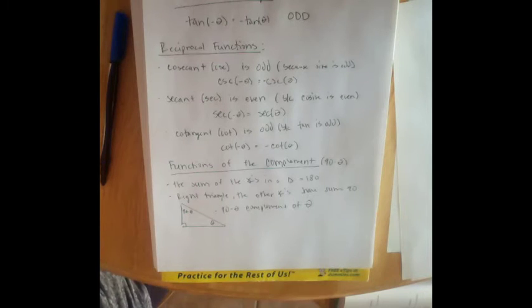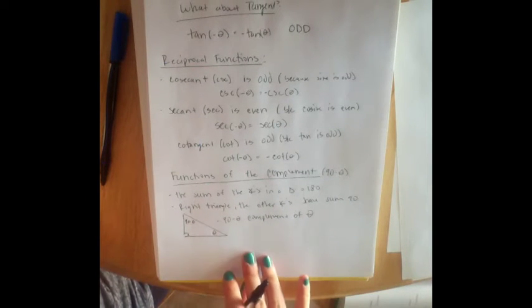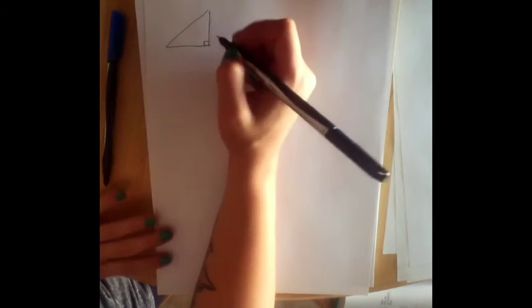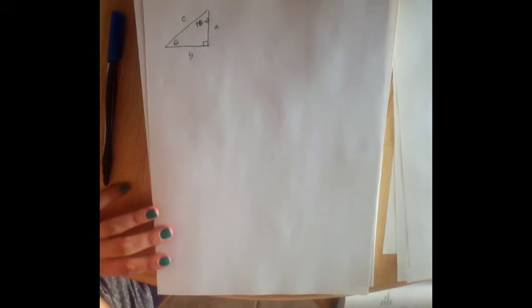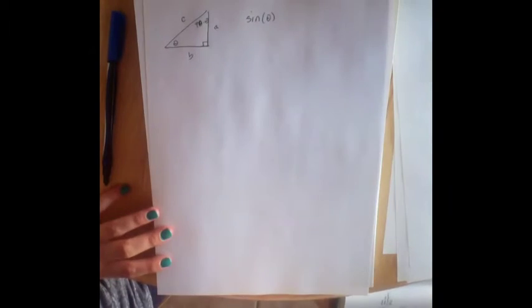Okay? Now, the complement is leading us into some fun trig identities. Let's draw a diagram to prove this to be true. If this is theta, this is 90 minus theta, and I'm calling these sides A, B, and C. What if I was to take the sine of theta?